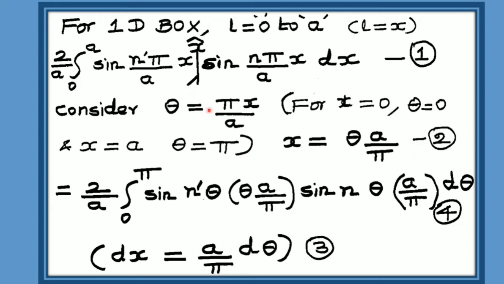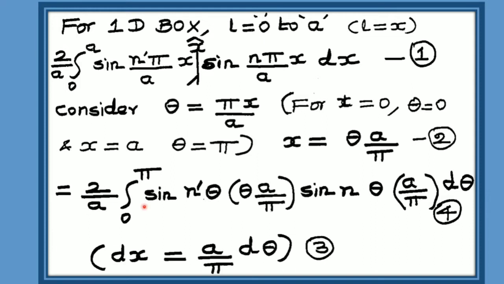On rearranging this equation, x equals theta A by pi. Let us differentiate this equation: dx equals A by pi d theta. Now let us substitute x and dx in equation number 1.